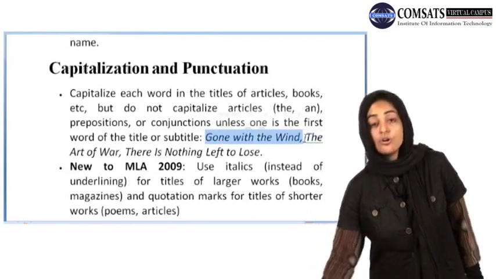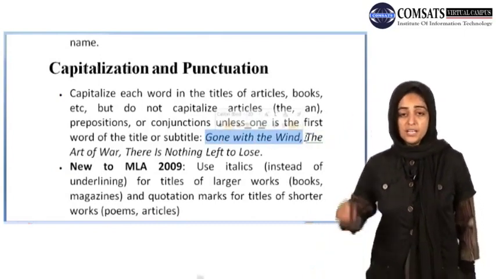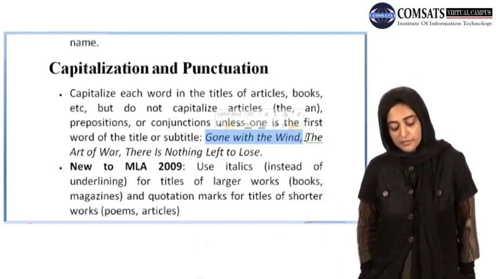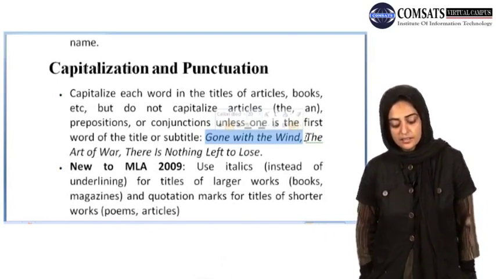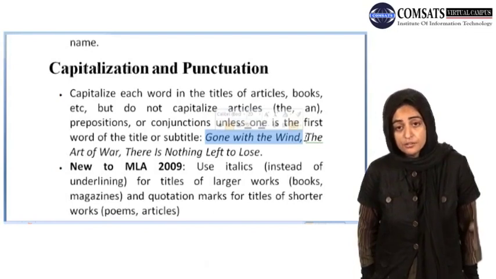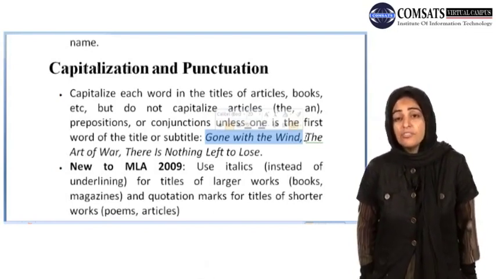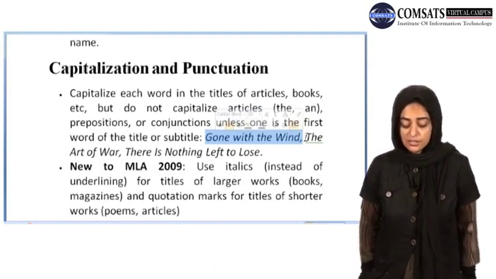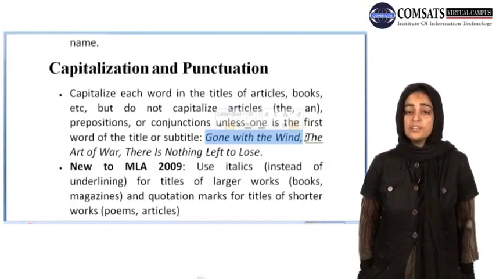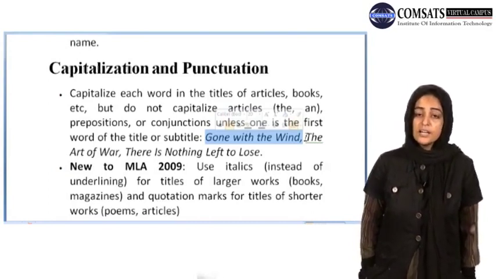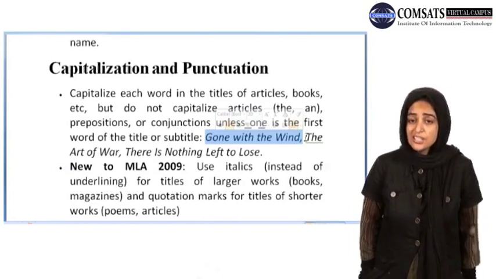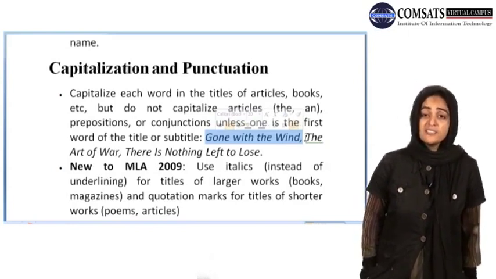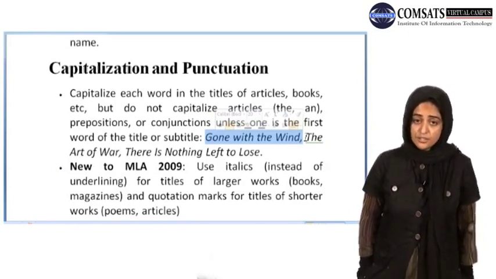If the title's name is Gone with the Wind, the G of Gone is capital and the W of Wind is capital, but the w of with is not capital and the t of the is not capital, because with is a preposition and the is an article, and you need not capitalize the prepositions, the articles and the conjunctions in the titles unless the article is the first word of the title. In that case you would have to capitalize it.